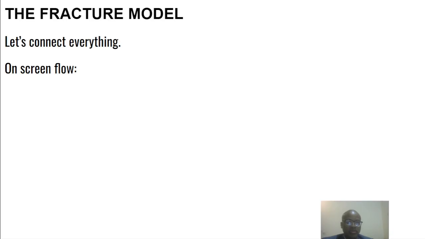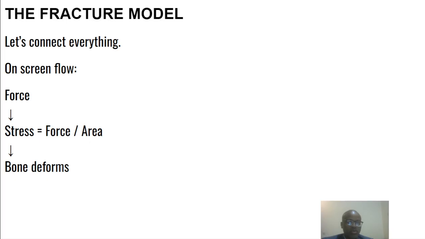All right, so as we come to the end of the lesson, I'd like to look at the fracture model. This model applies not only to bones but other materials. Now, see that when a force is applied on an area, you get a stress, and then the bone deforms, you have a strain.